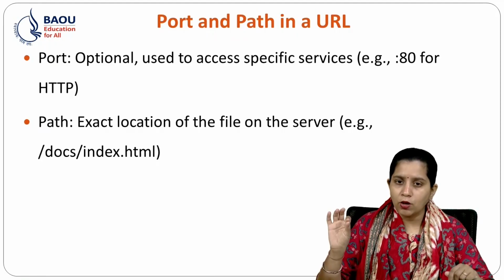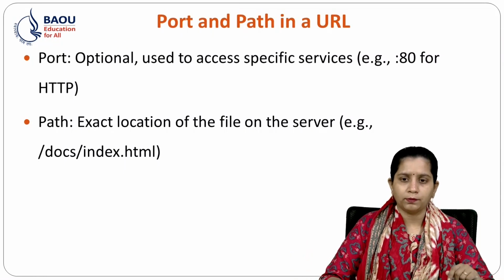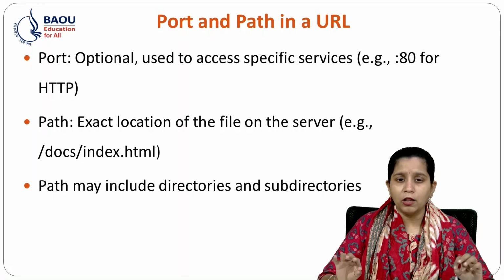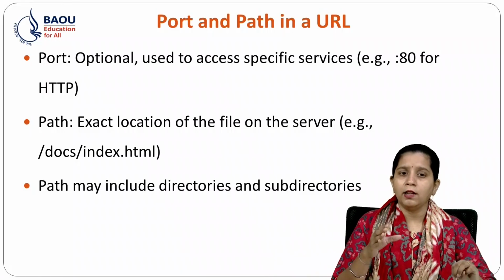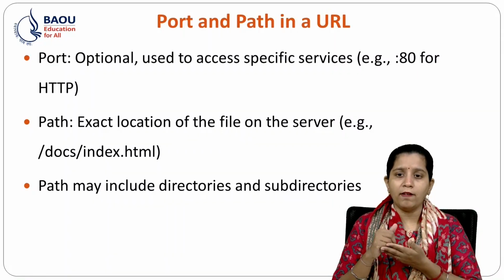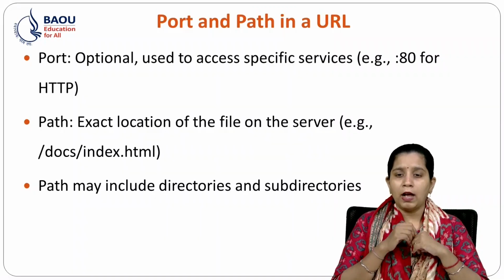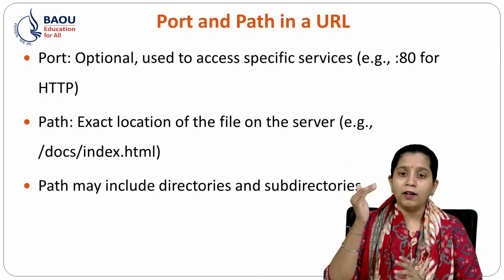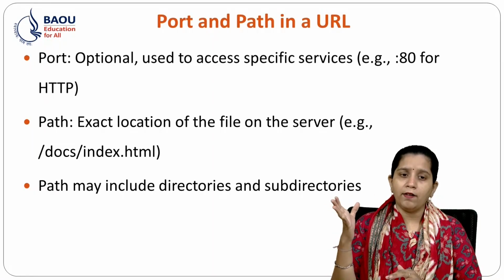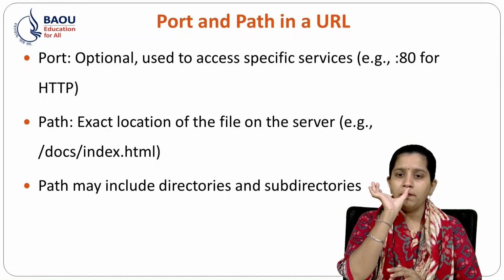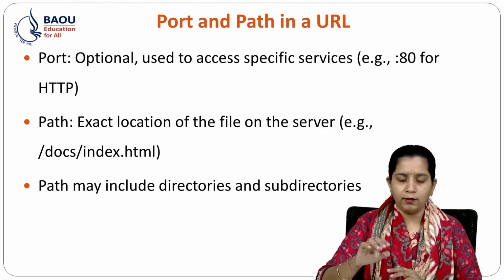The path is the exact location of the file on the server, and may include directories and subdirectories. We will see this when we run our own HTML page, and I will show you where my file is located and what the exact location looks like in URL format.